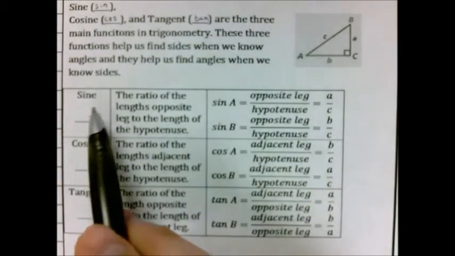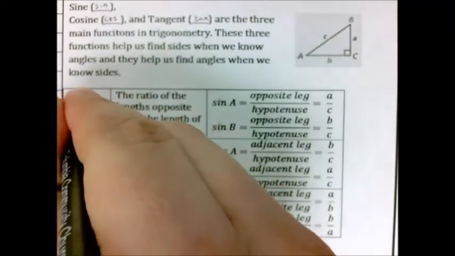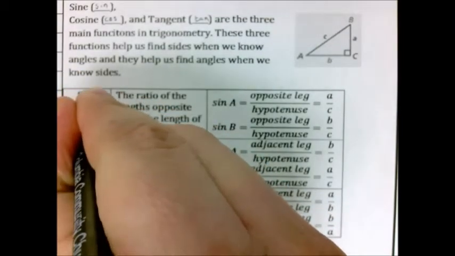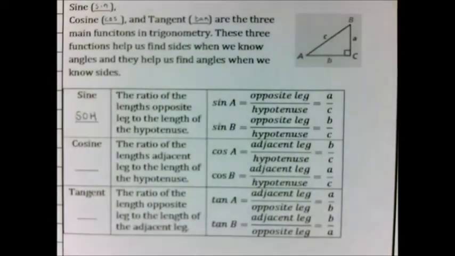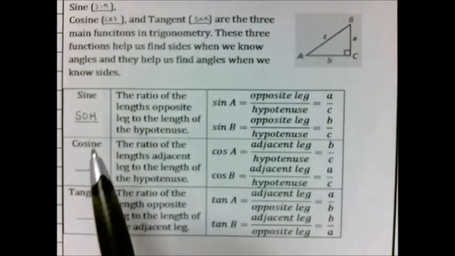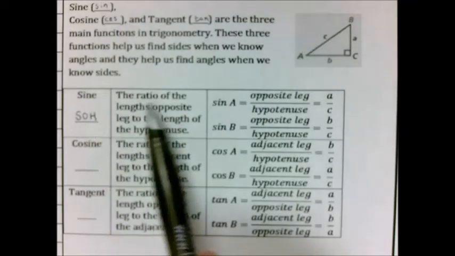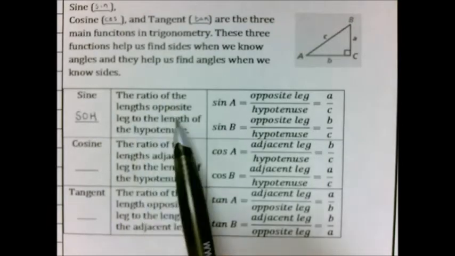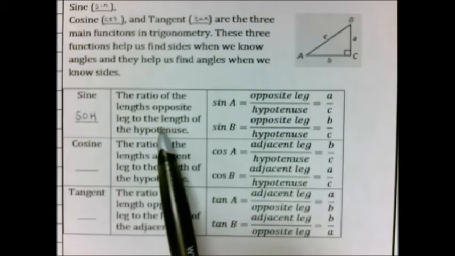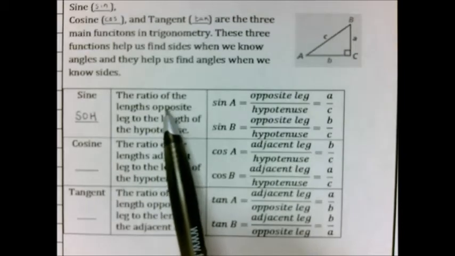In sine we use this fun little abbreviation: SOH, S-O-H. Because the ratio that we need to use with sine is the length of the opposite leg to the length of the hypotenuse.